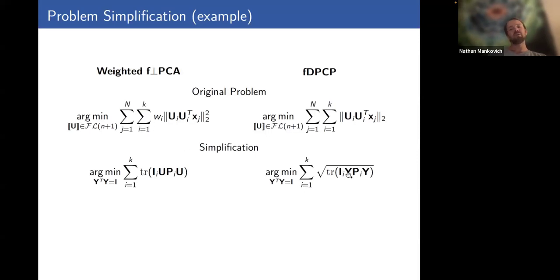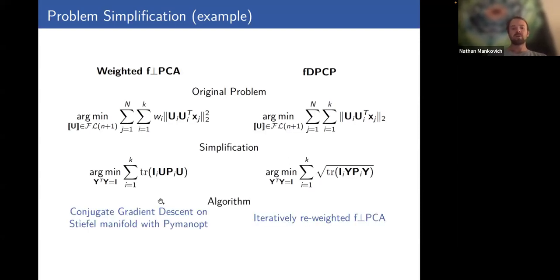And here you can't get rid of the square root, which is a major bummer. And I believe I need another sum here too. On the left side, we ended up using PyManopt again to approximate the solutions. And on the right-hand side, we did iteratively reweighted versions of the left-hand side.